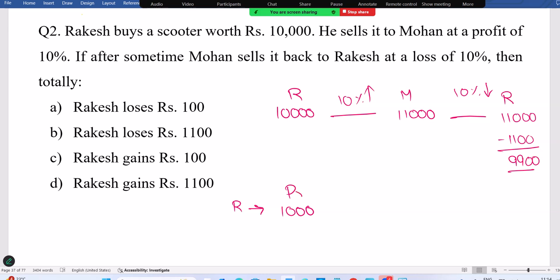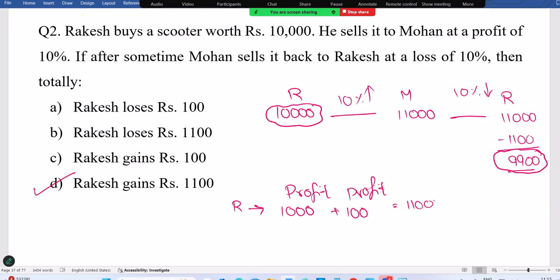The scooter worth is 10,000, but he purchased it for 9,900. Here also we have 100 rupees profit. So total gain is 1,100, not 100. Because here we have 1,000, and there we have 100. A lot of people may be thinking 100 rupees is the answer, because 10,000, finally 9,900, 100 rupees.